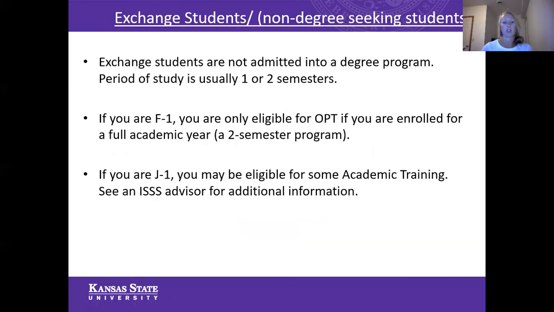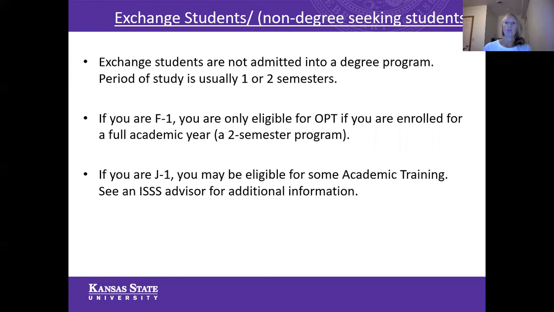Earlier I mentioned that there are two types of J categories. There's the degree-seeking students that are here to get an academic degree from Kansas State, such as a bachelor's, master's, or PhD. But then there's also non-degree seeking students. And their categories are very different on the DS 2019.